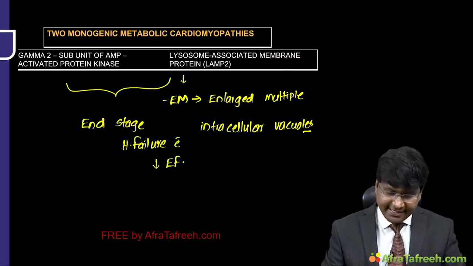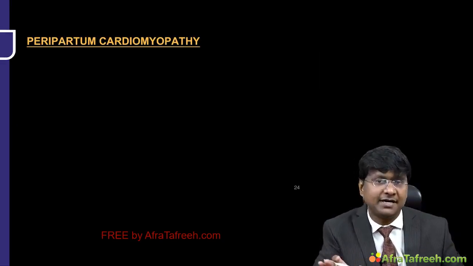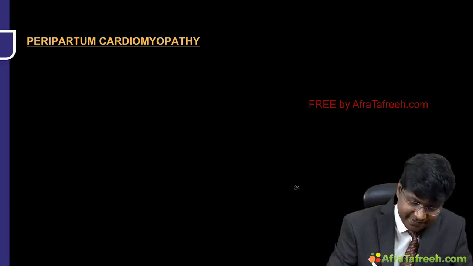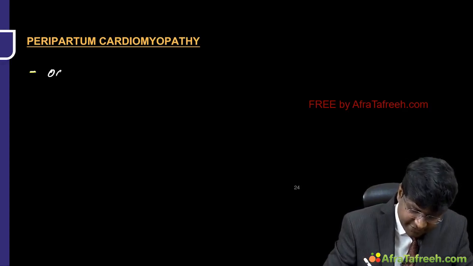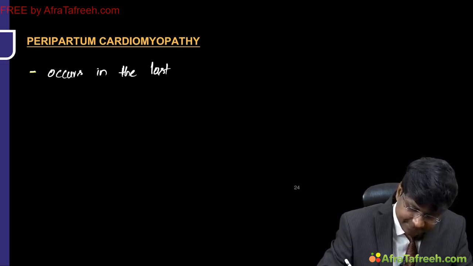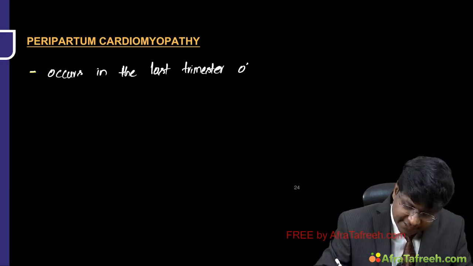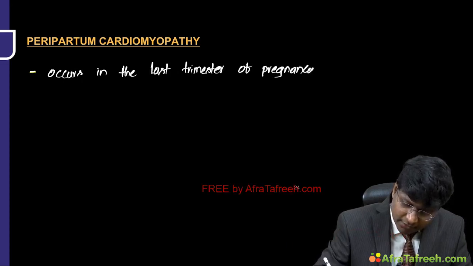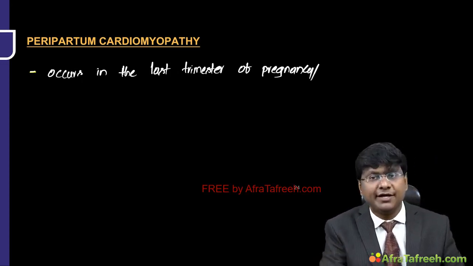Next, another important form of dilated cardiomyopathy is called peripartum cardiomyopathy. This is usually seen in pregnant females, and develops in the last trimester of pregnancy, or within 6 months after the delivery of the baby.